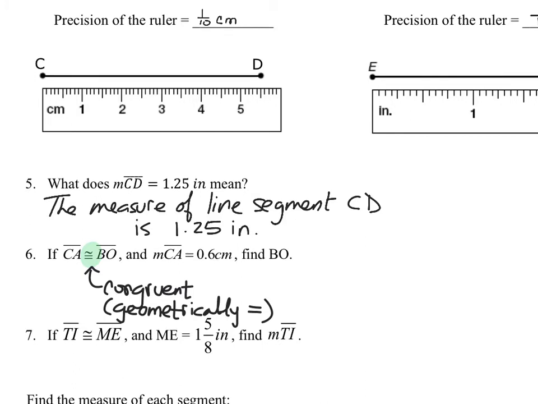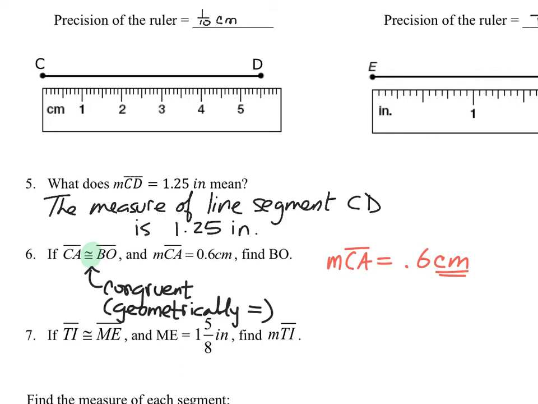So if the measure of CA is equal to 0.6 centimeters, now I'm talking about a linear distance. So all those crazy examples that I gave about cars driving and planes flying and spheres that are either filled in or not, those don't apply. We're just talking about the length of a line segment.